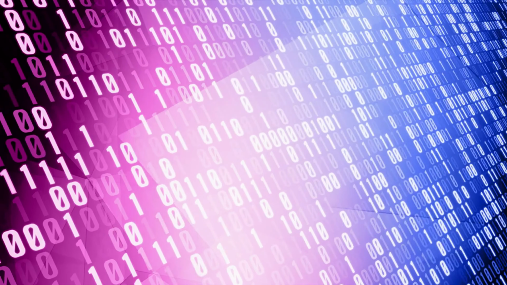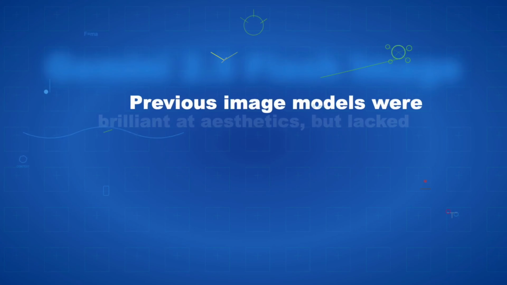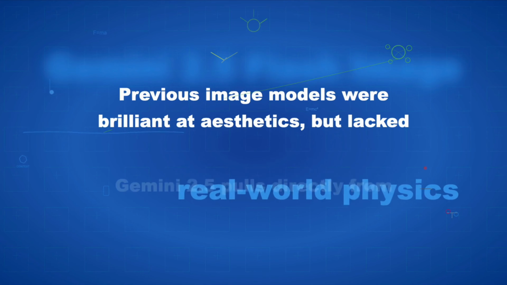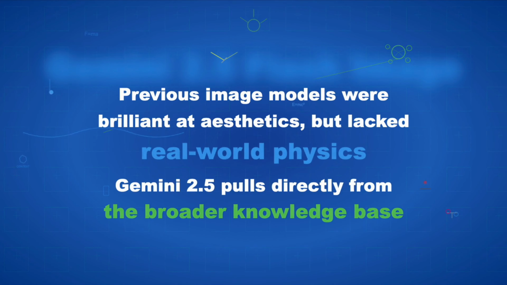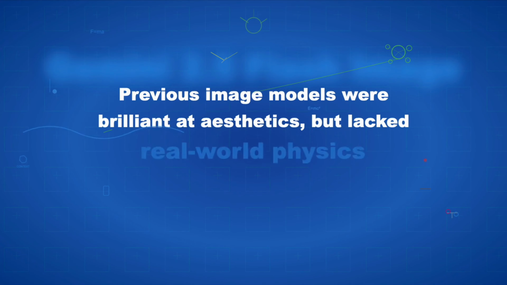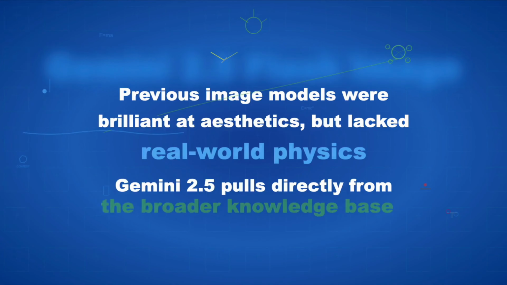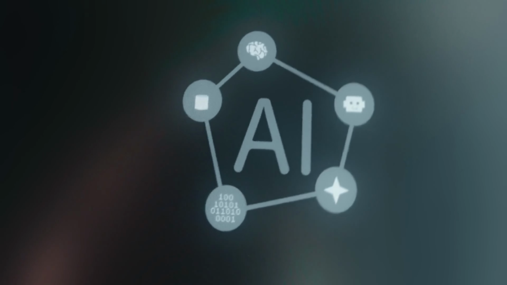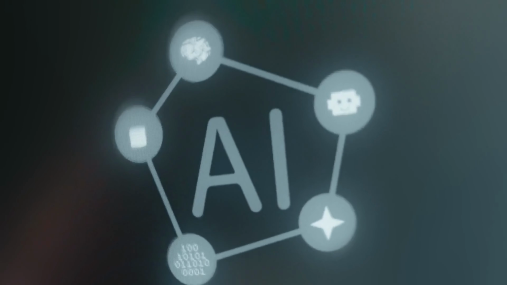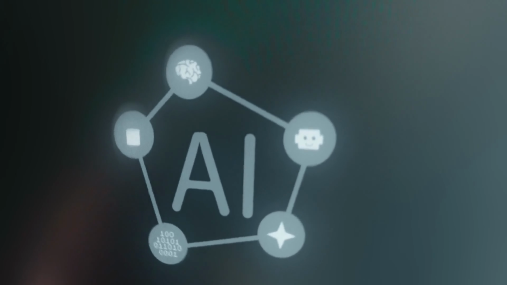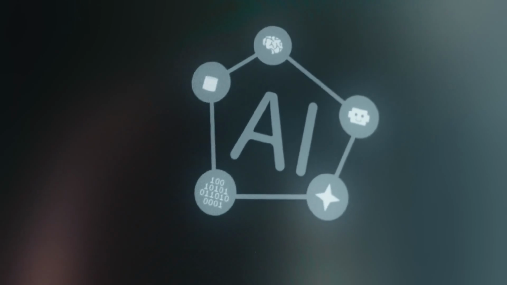its native world knowledge. Previous image models were often brilliant at aesthetics, but they frequently lacked a solid grasp of real-world physics and context. Gemini 2.5 Flash Image pulls directly from the broader Gemini knowledge base, which gives it an unparalleled understanding of how the world works. This means if you ask it to flip a phone in an image, it doesn't just rotate the existing pixels.